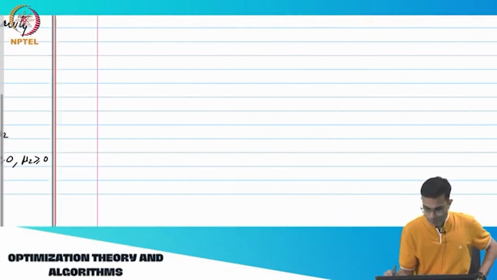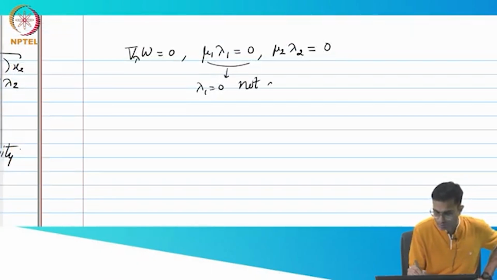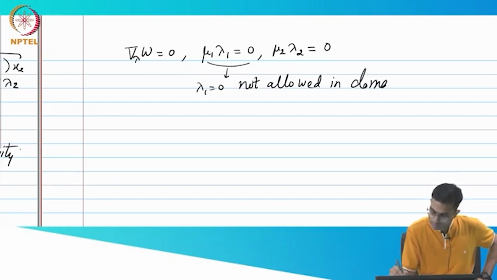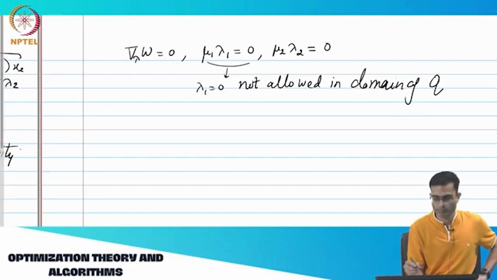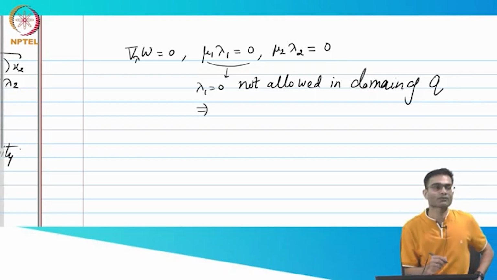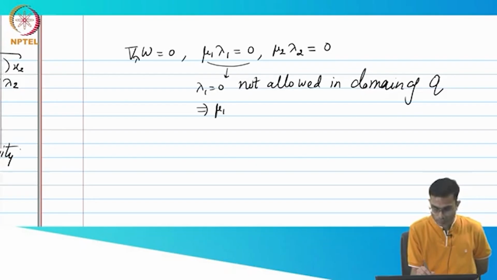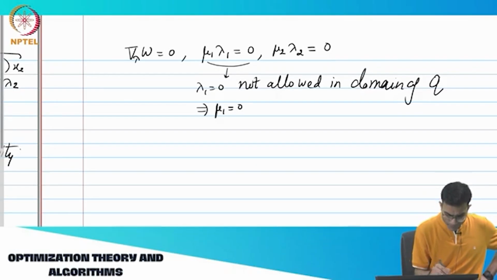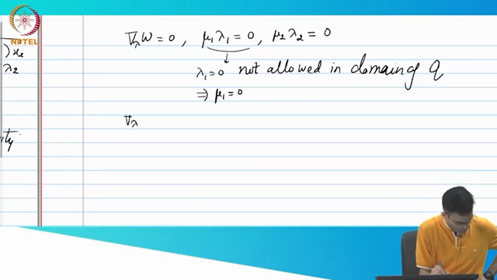So we'll just make a note over here. Lambda 1 equal to 0 not allowed in domain of Q. If lambda 1 equal to 0 is not allowed, therefore what is the implication for mu 1? Therefore mu 1 has to be 0. Okay. That's great because that will help me to make my Lagrangian solving a little bit easier.